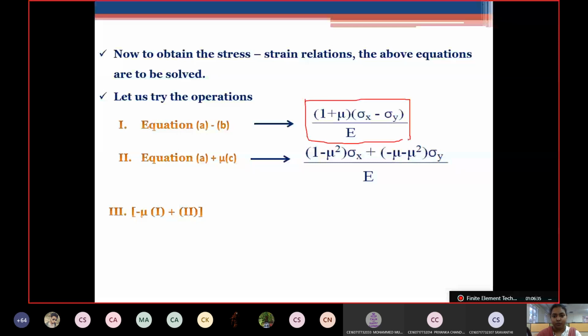That will give you the complete x terms, the normal stress term in terms of strains in all the other three directions.